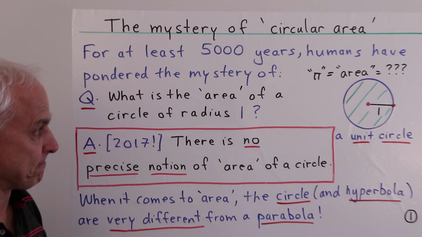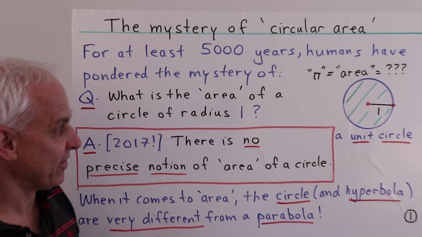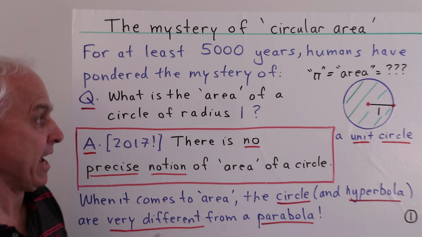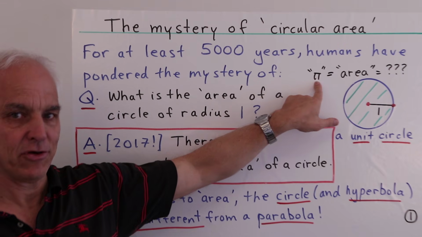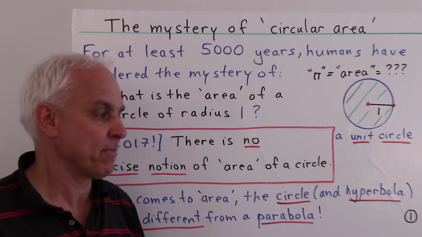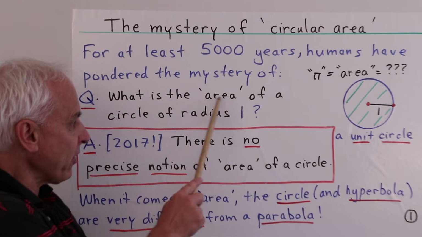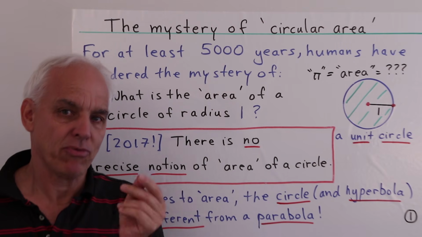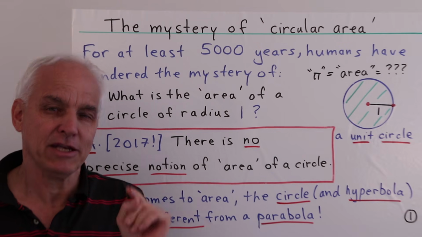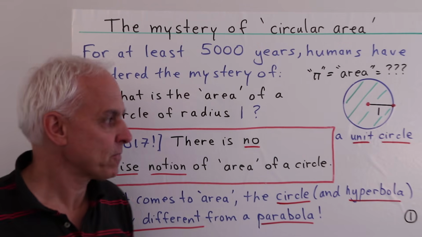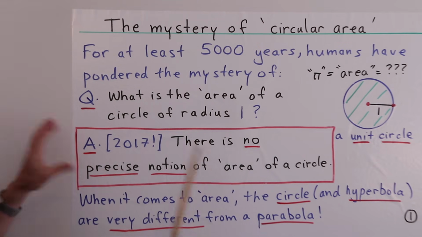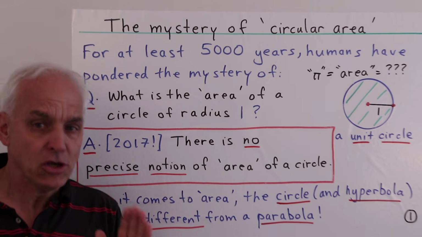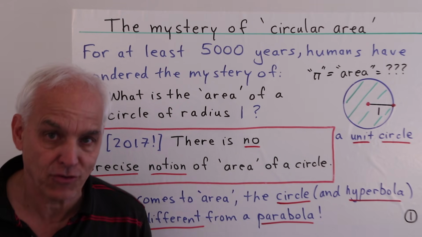Well, people give this area a name. It's of course the Greek letter pi, so this represents the area. But the fact that we have area in quotes here is already alerting us to a potential problem, namely the difficulty in defining this in the first place. So in this course, we're going to give the following highly non-standard answer to this question.